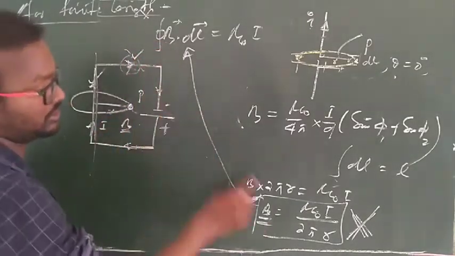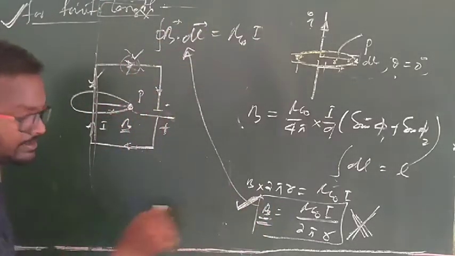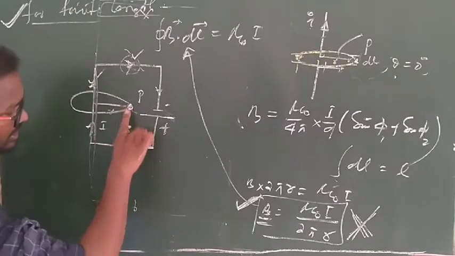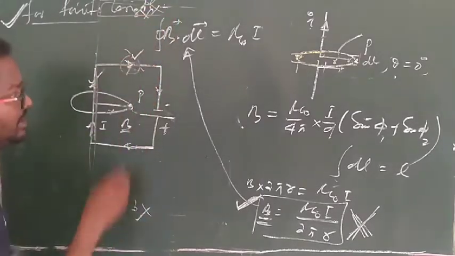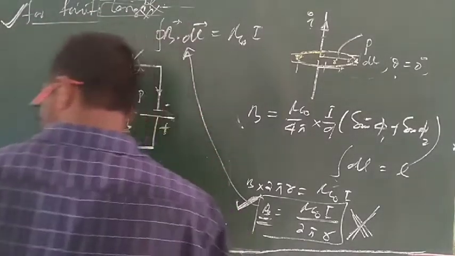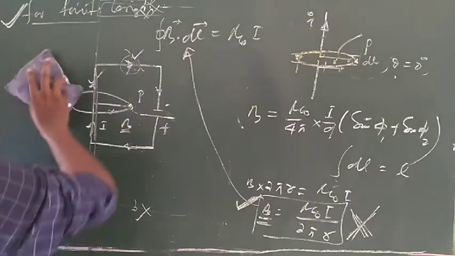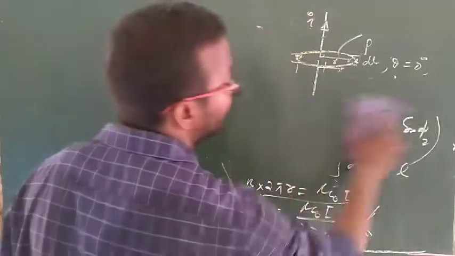So this is not the magnetic field at this point. Clear? If this is a far distance, then this point is also far, so we can ignore that current element, but we cannot ignore this current element. So this law is not valid for finite length.